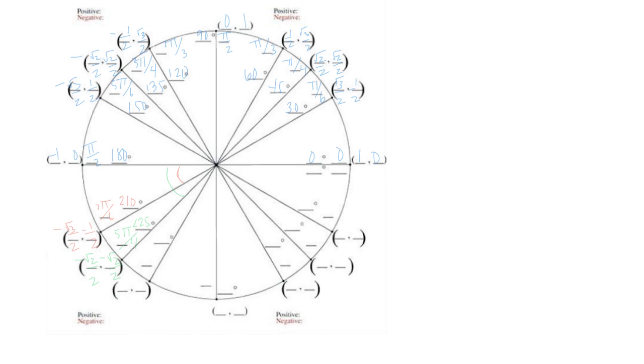My blue angle here is going to have a reference of 60 degrees, so this is the angle 240, or 4 pi over 3. And its terminal point is going to be negative 1/2, comma, negative root 3 over 2. And then here, this is 270 degrees, or 3 pi over 2. And this is the point 0, negative 1.